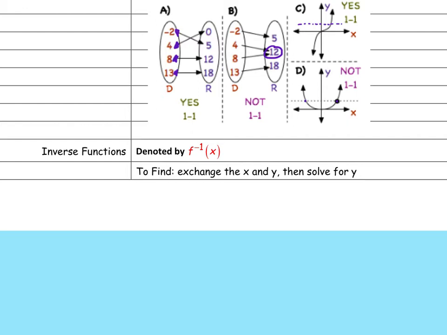Mapping diagram, same thing. Graph, I find my points, my x, y values, and I switch the x, y, and graph the new one. Right now in this particular lesson, all we're doing is finding it algebraically. So all I'm going to do is take my x and my y, put the x where the y is, put the y where the x is, and then solve for y to get it back to the y equals equation.